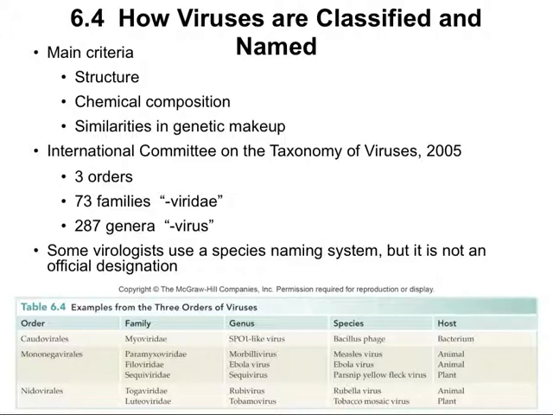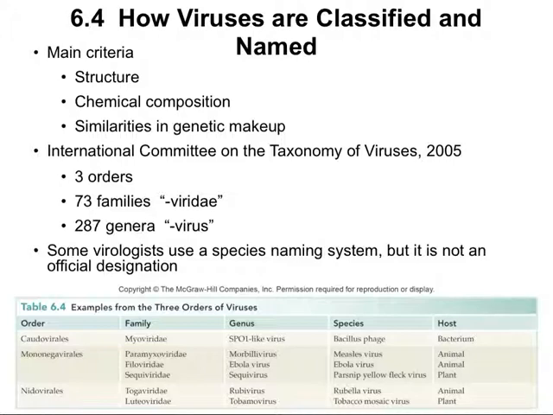You'll notice that the family names all end with viridae, and the genus names all end with virus. For example, Filoviridae, Ebola virus. Some virologists use a species naming system, but it's not an official designation because things in viruses change so fast. And being as they're not living, how can they possibly speciate?